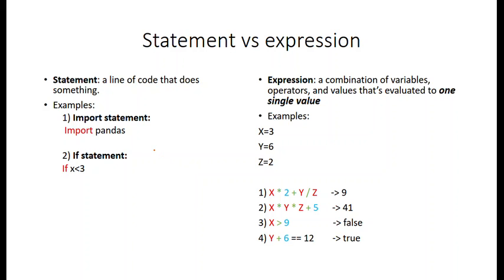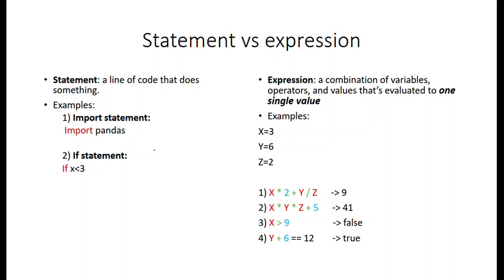Now, two terms that you should always remember when it comes to programming in general and in Python specifically are the statement and expression terms. When you hear a statement, just think of a line of code that does something, and it almost always includes a certain Python keyword.